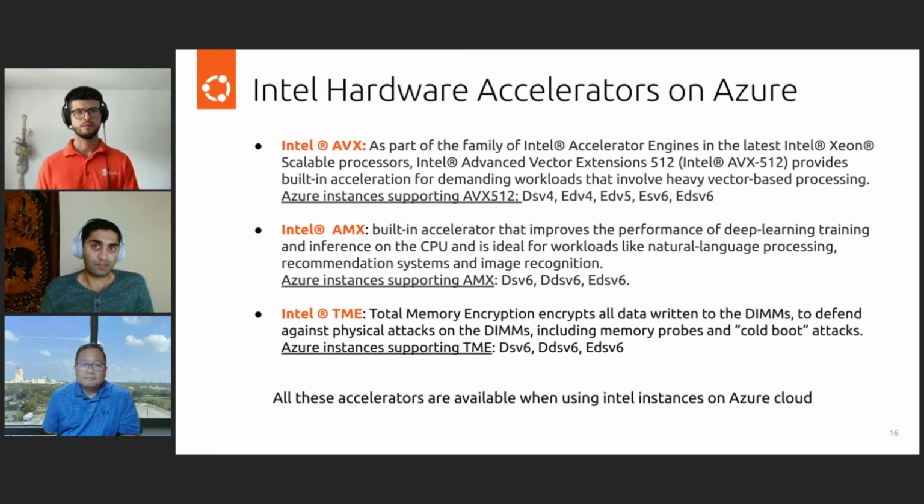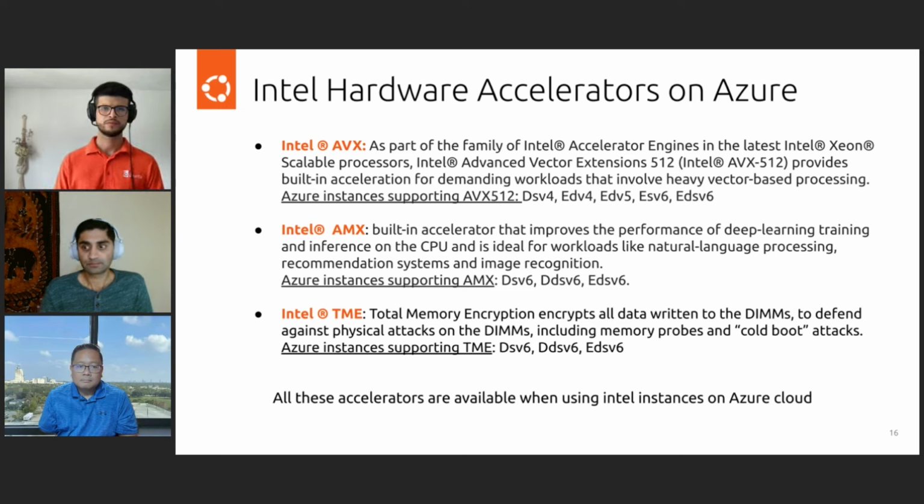AMX typically operates on matrices. And if you're familiar with inference problems, a lot of it involves matrix manipulation. AMX leverages the CPU to perform those matrix calculations and multiplications, thereby giving significant speedups to the inference portion of your workloads.